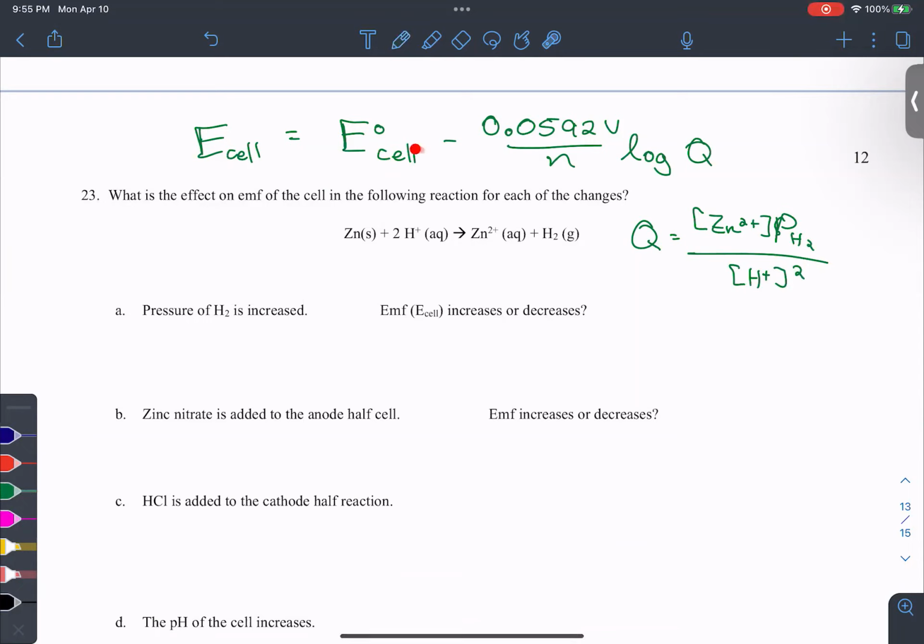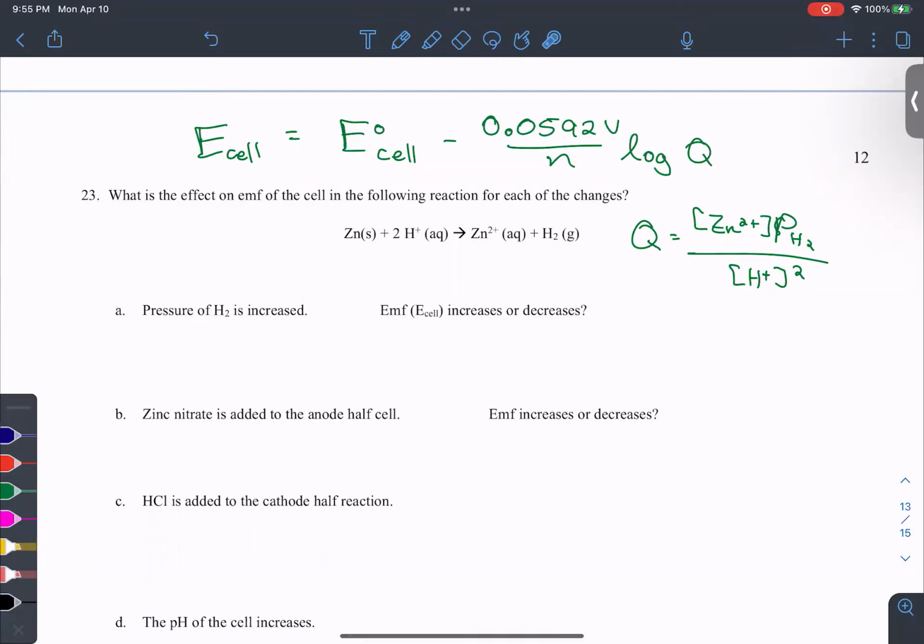So we will only measure a cell potential equal to the table value if Q is equal to 1. When we're at standard conditions, Q is equal to 1 because the concentrations and pressures of everything is 1. So what we measure is what we get from the table values.